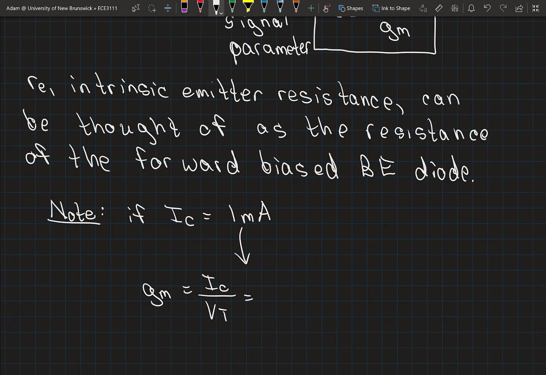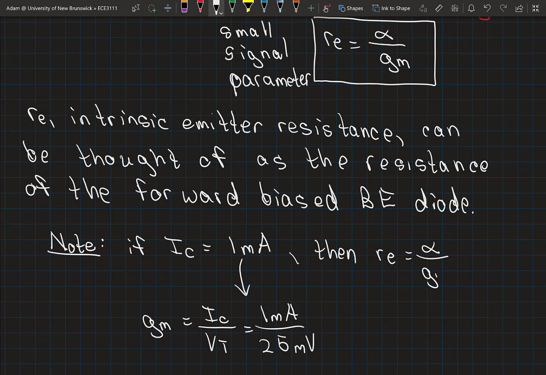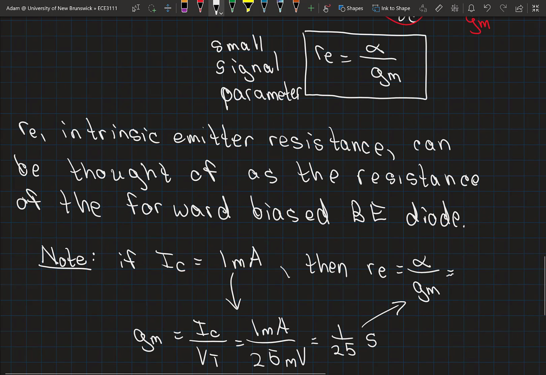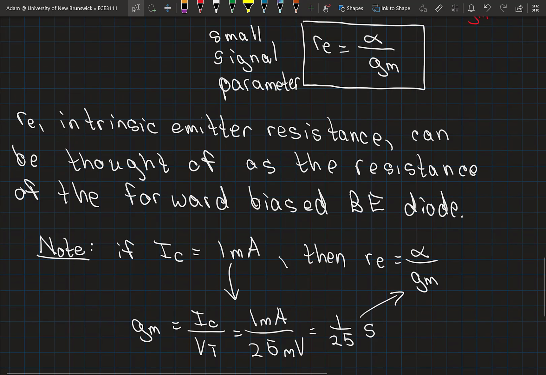So if this is 1 milliamp divided by 25 millivolts, and we substitute that in for our RE here, which we said is alpha over GM, if we put this 1/25th, well, it's actually Siemens, if we put that value in for our transconductance, and we know that alpha is approximately equal to 1, we're going to get an intrinsic emitter resistance of approximately 25 ohms.